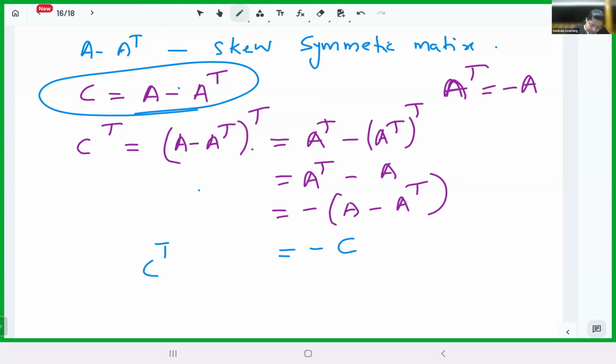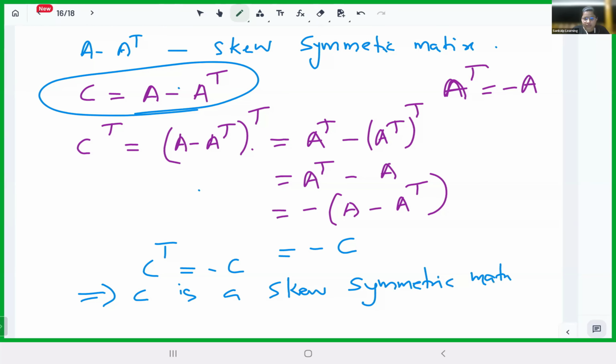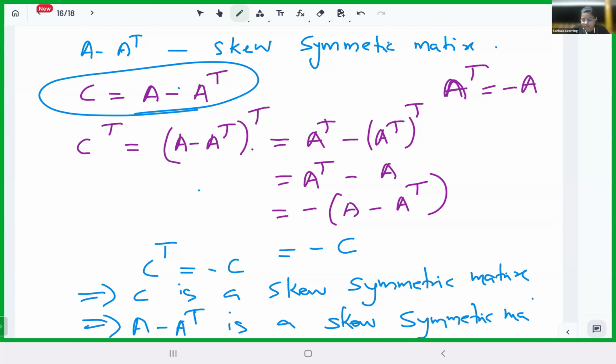We have got that C transpose is equal to minus C. From this you can conclude that C is a skew symmetric matrix, right? Which means, what is C? C is A minus A transpose, isn't it? A minus A transpose is a skew symmetric matrix.